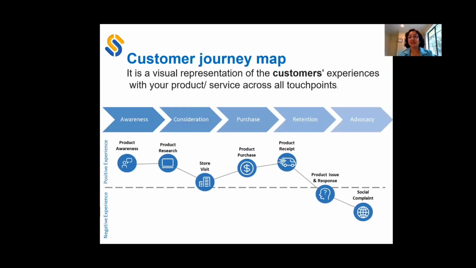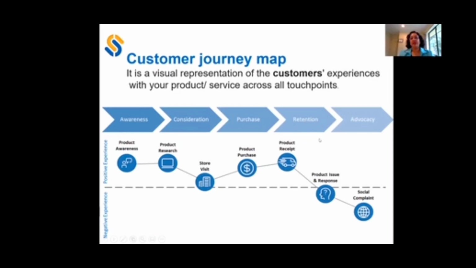Customer journey map is an excellent tool or method. It's a visual representation of the customer's experiences with your product or service. And what you do is, again, you map the customer's touch points at each stage, right through the process they go through, from being aware of that product that's being available in the market, to considering what the product is, then going to purchase it from the retail outlet, then using the product, or sometimes if it's a product that the retail outlet has to deliver, then they've got to wait till it arrives at their door.